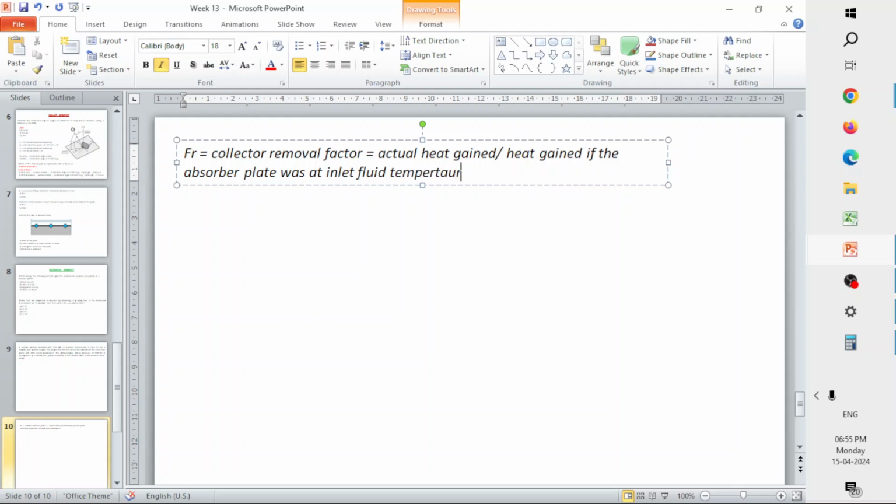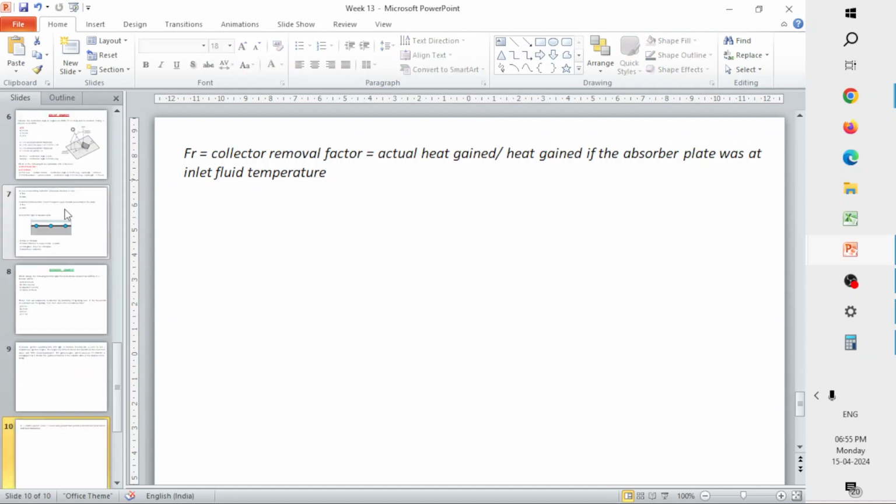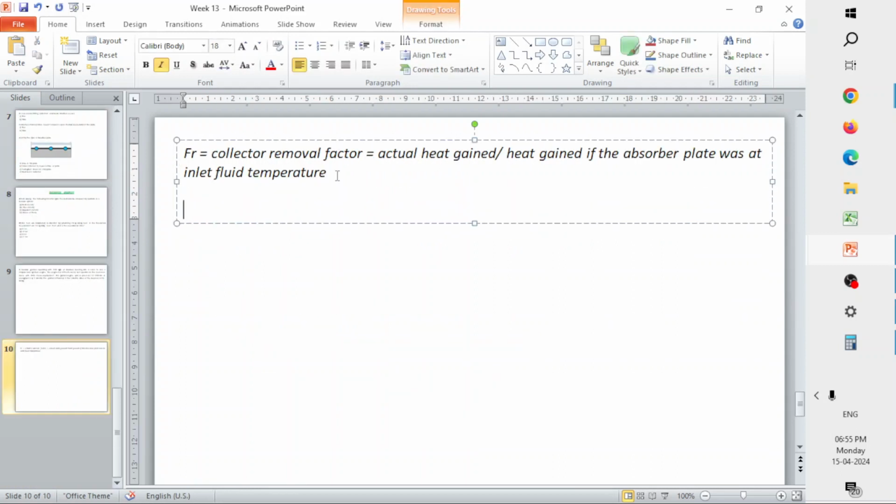If the absorber plate was at the inlet fluid temperature, then the amount of heat transfer that would have occurred will be more, so the potential heat gain will be more. That is the reason we express it in terms of this fraction. And the collector efficiency factor is nothing but F dash.